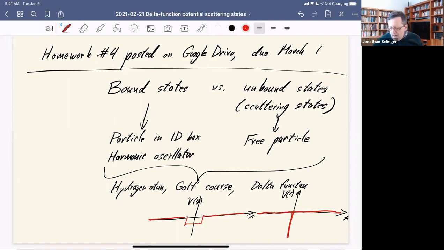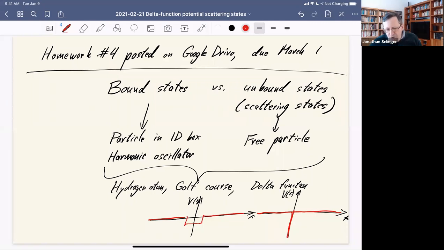This delta function is what we were working on in the last class. We tried to calculate whether there can be any bound states for a potential like this, that is, any states with negative energy, where the particle has to be confined near x equals 0.